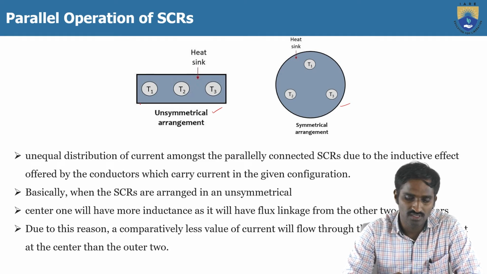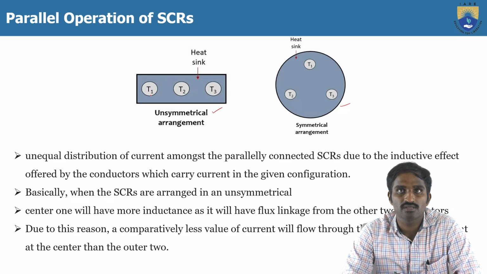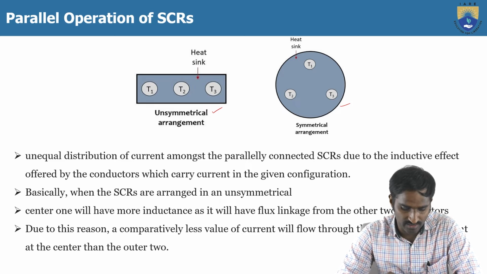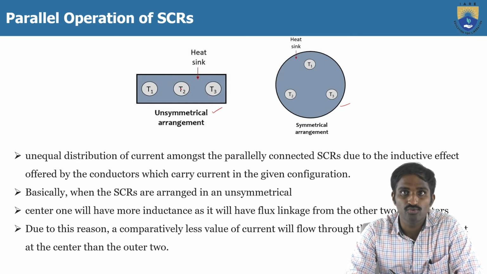Because even if you look at T1, T2 and T2, T3. Okay, so here if you consider T1, in the asymmetrical arrangement the center thyristor T2 will have more inductance, as it will have the flux linkage from both T1 and T3.